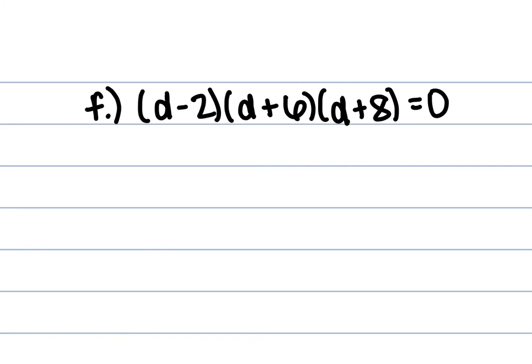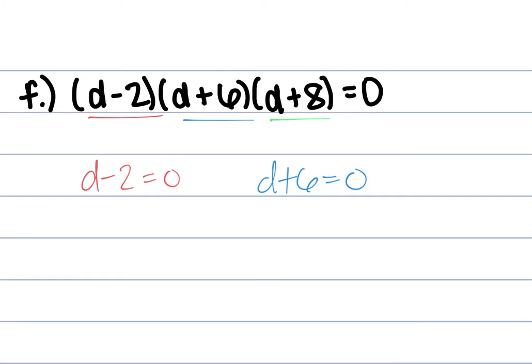F. What do we do? Alexandra, go for it. B minus 2 equals 0, B plus 6 equals 0, and B plus 8 equals 0. And then we just add 2 to both sides.